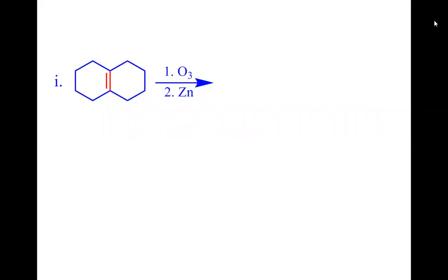So this is the alkene that needs to be ozonized, and the product is to be shown. Here I have deliberately marked this double bond carbon in red color.